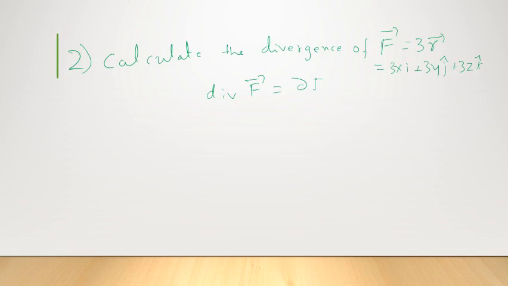Therefore, dou fx by dou x, dou fy by dou y, dou fz by dou z is equal to 3 plus 3 plus 3, which is 9.